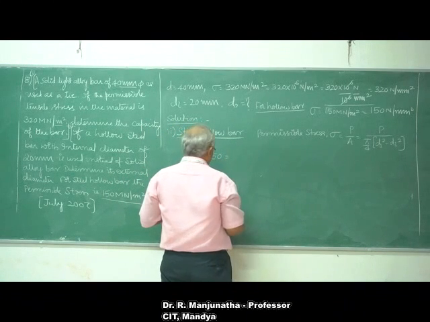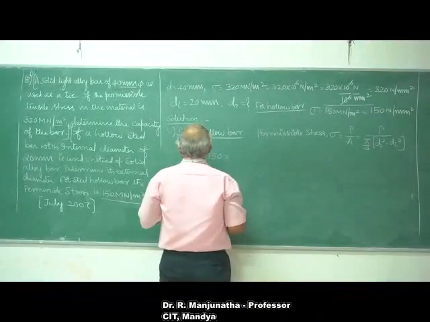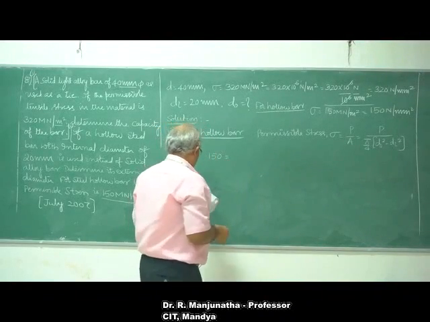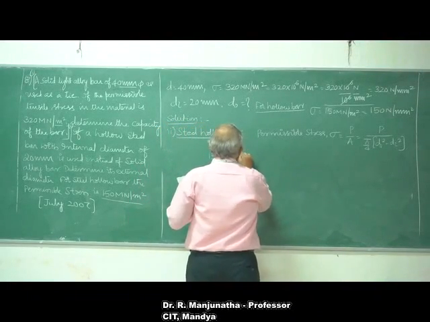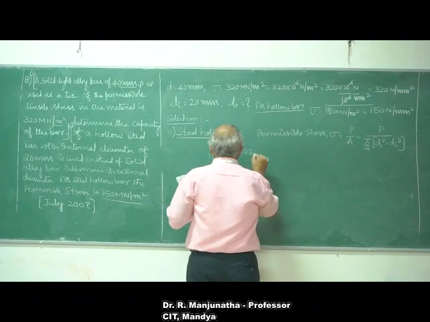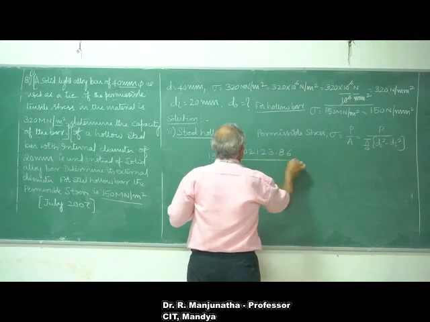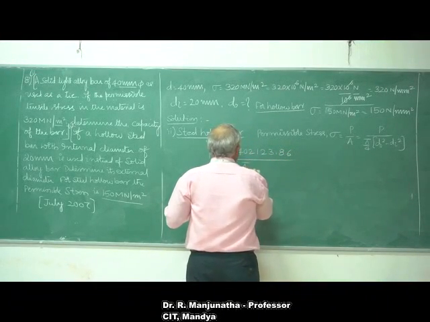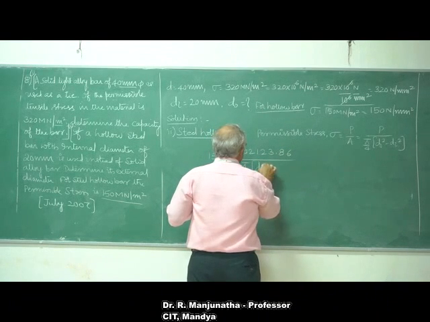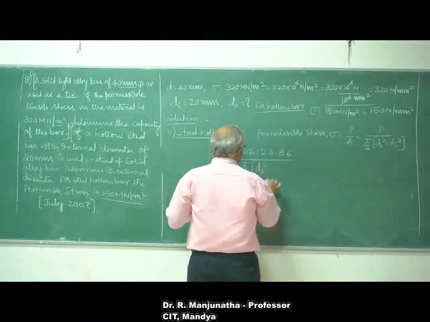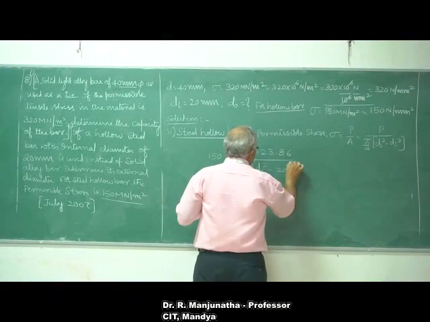So sigma, which is the permissible stress for a hollow bar, is 150 newton per mm square, which will be equal to P, which we have already calculated for a solid bar, 402123.86, divided by pi by 4 into (d naught square minus 20 square), where d naught is the outside diameter.